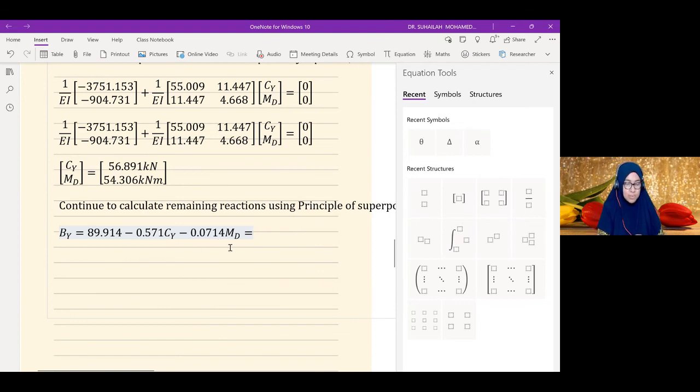Using this we will get BY in actual system. It is 89.914. We minus 0.571 times 56.891. Okay, we minus 0.0714 times 54.306. It is equal to 53.2552 kilonewton.